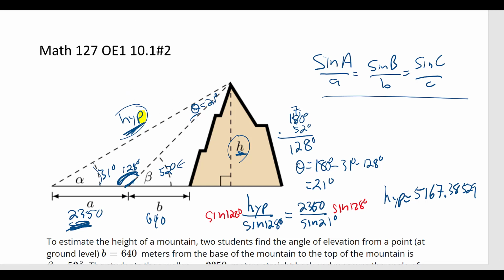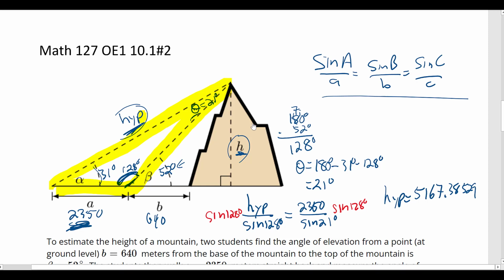We're dealing ultimately with this triangle there. But what we do in the interim is get rid of this and look at the smaller triangle there. We find the angles and the big side.